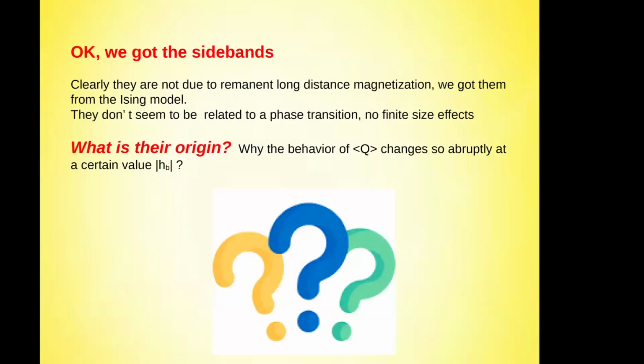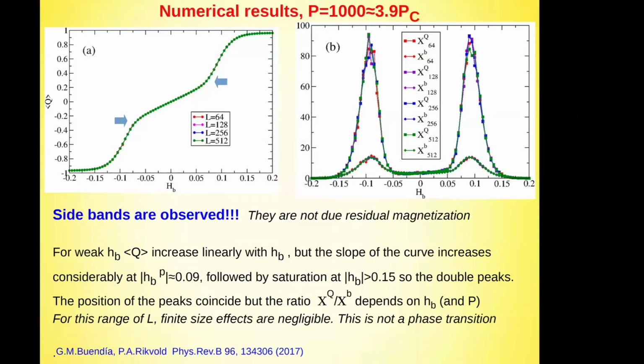So, just quickly, can you mention again what's the difference between the data on the right, the big squares and the small squares, the data labeled Q and the data labeled B? Yeah.